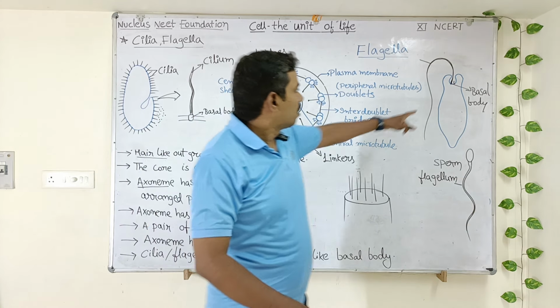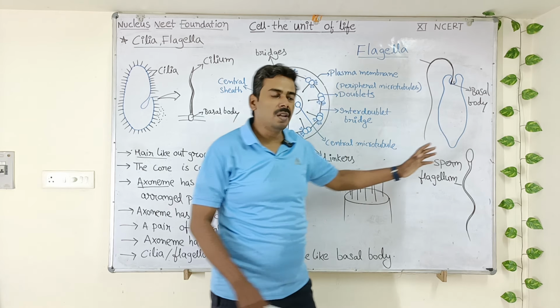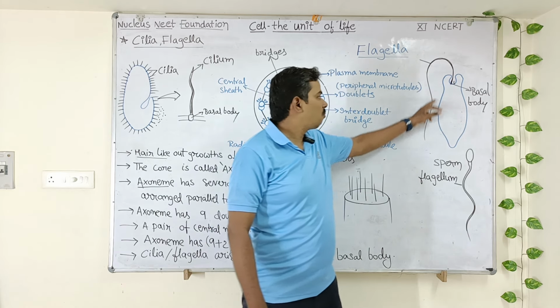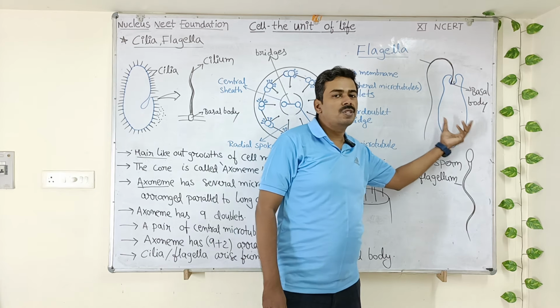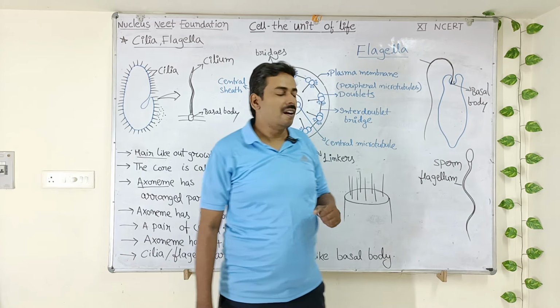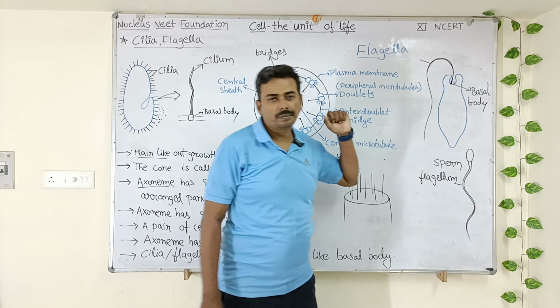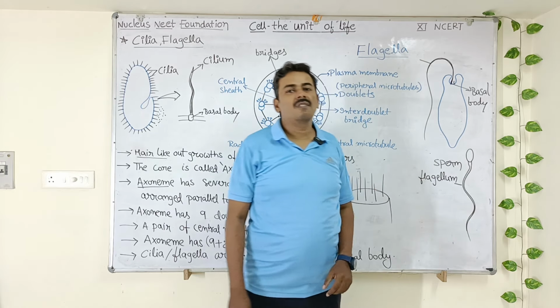So the flagellum looks like a whip, and it is a long whip-like structure which helps bring locomotion in unicellular organisms like euglena and also in the sperm cell. The sperm also has a long whip-like structure called a flagellum.